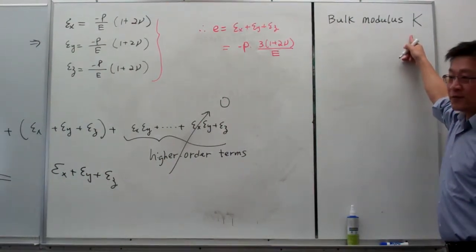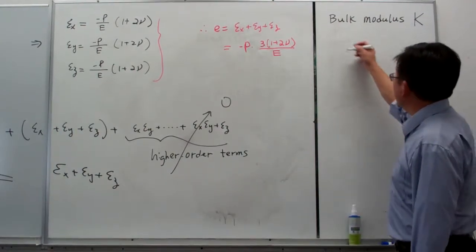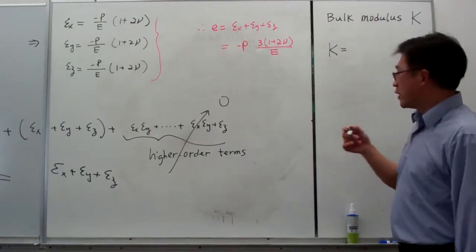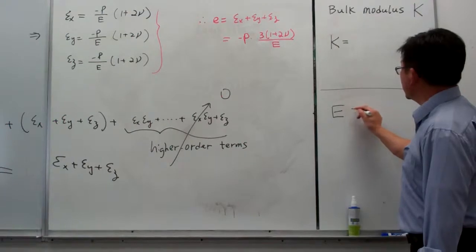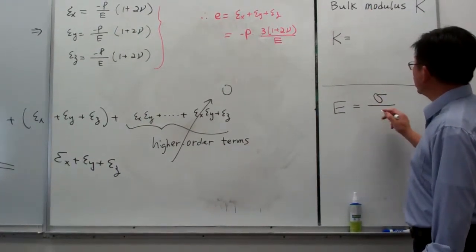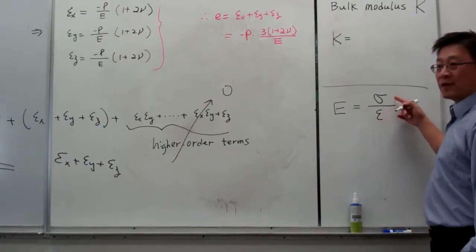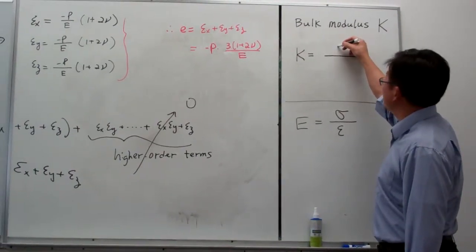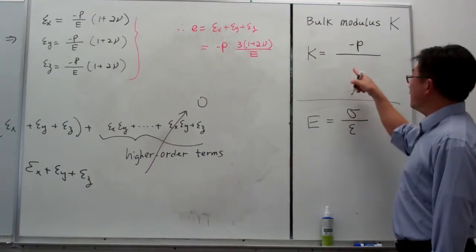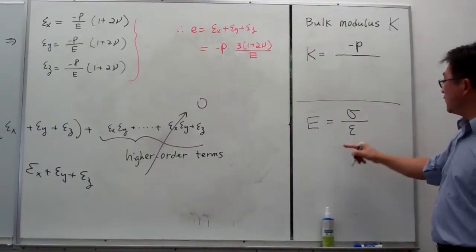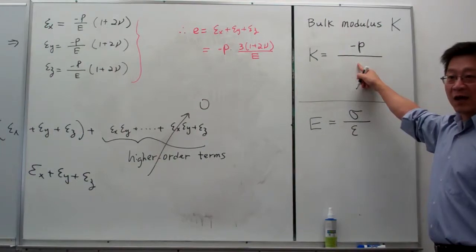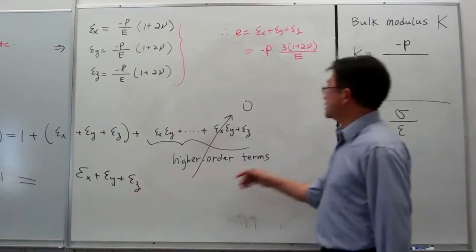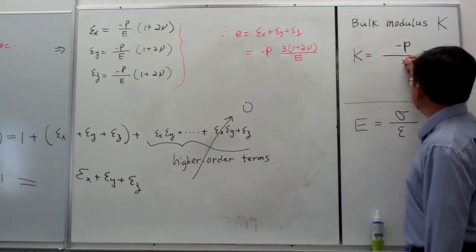This describes the ratio of this example, and K by definition is, do you remember, compared to our Young's modulus, loading divided by strain-like quantity. So this is the loading, minus P, divided by the corresponding strain-like quantity. This is for one-dimensional, and for this case the strain-like quantity should be the whole thing, so that is e.